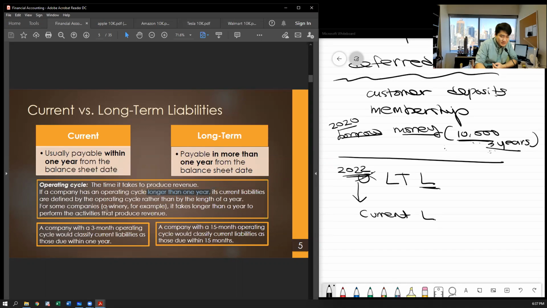In this case, this textbook talks about a winery, because winery requires brewing time, this fermentation time that takes years to produce wines. So in that particular example, the company will have a longer operating cycle depending on how the company elects the operating cycle. But in most cases, literally 95% of the firms will elect a 1 year operating cycle.